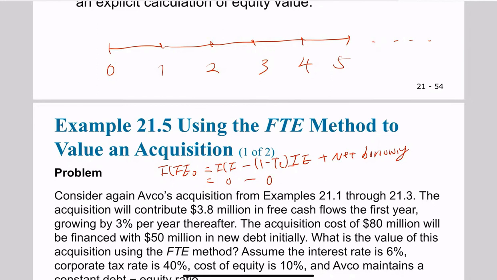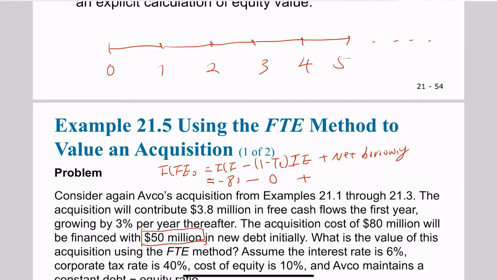Oh, no, it's not 0. I forgot that on day 0, there is capital expenditure, right? So the free cash flow on day 0 should be minus $80 million. And then the interest expense is 0. What is net borrowing? Well, the firm borrows additional $50 million.